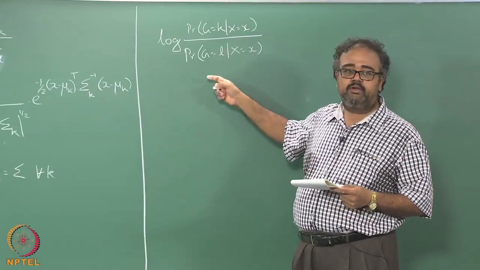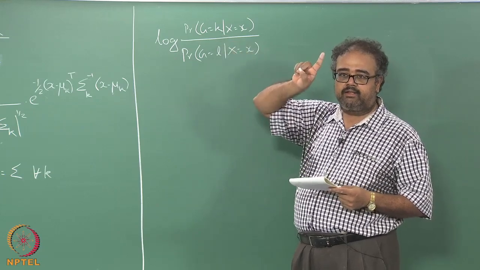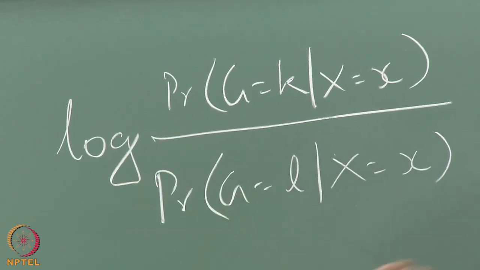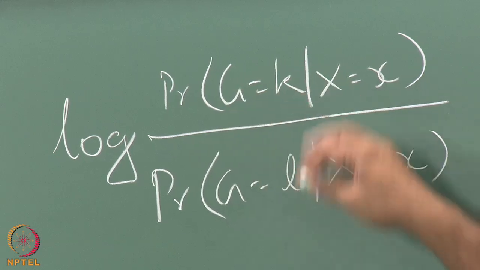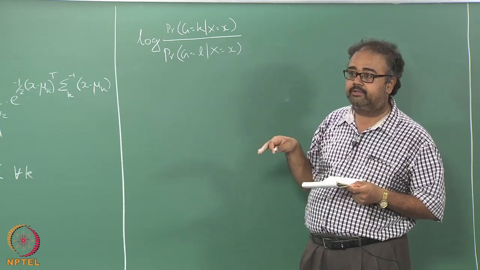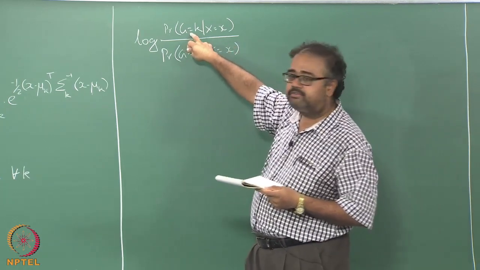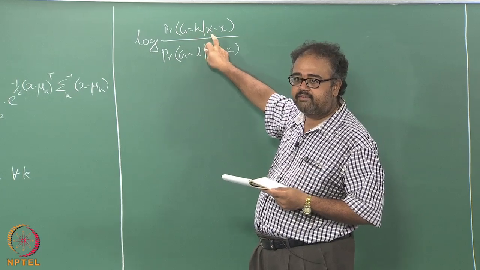When I am at the class boundary, what will this ratio be? 1, and the log of that is going to be 0. So I can solve for this ratio equal to 0 and get my boundary. Now we know the form of the probability of G equal to k given x.